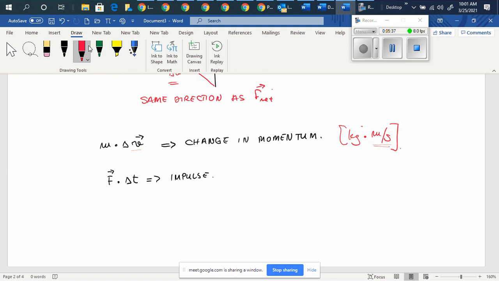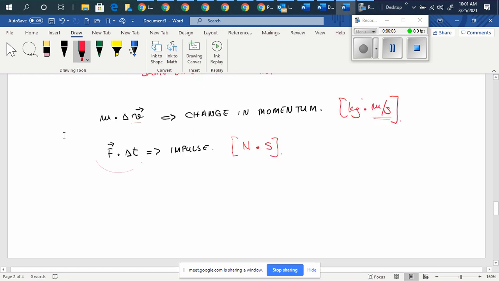But when we look at the impulse, it is newtons times seconds. So in general, when we talk about the impulse, we say that the units are newtons times seconds, and when we talk about the momentum, we say kilograms times meters per second. But actually, those are the same units, and I will show you now why they are the same.